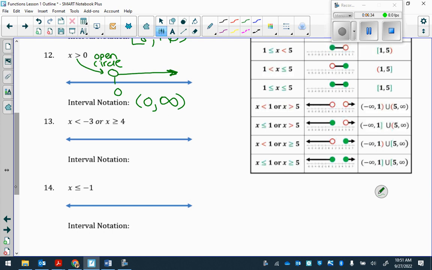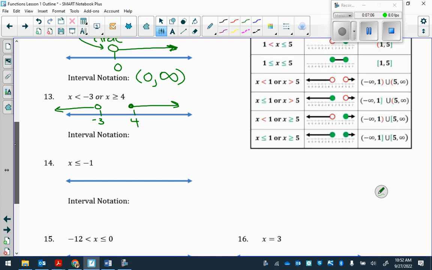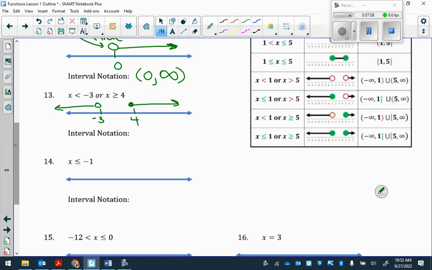We have x is less than -3. Is that going to be an open or closed circle? Should be open. Where would that arrow be pointing? To the left, because it's less than. Then we have 4, open or closed circle? Closed. Which direction? When you have them going in opposite directions, your interval notation, we do one piece at a time.